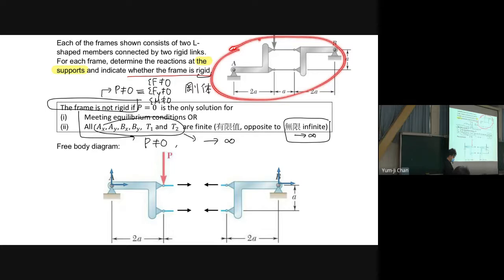Because the whole frame, we don't know whether it is rigid, but how many rigid bodies do we have? There's 1, 2, and remember we have these 2, 3, 4. We have 4 rigid bodies.